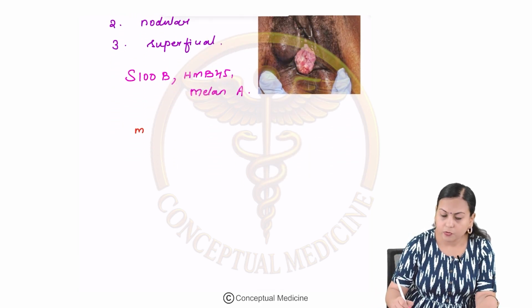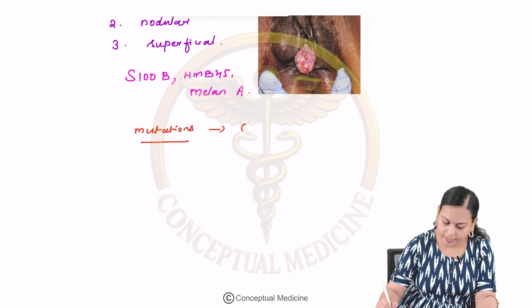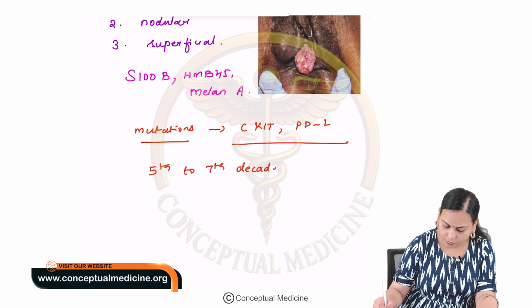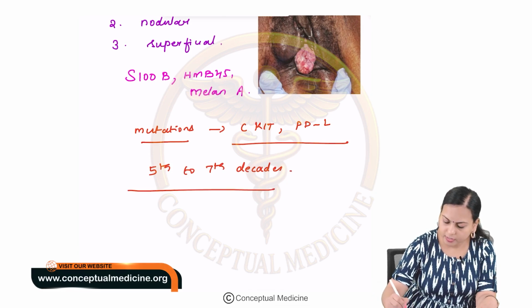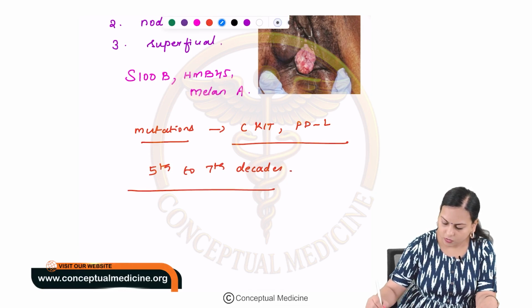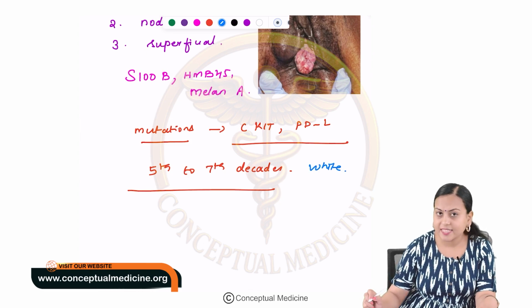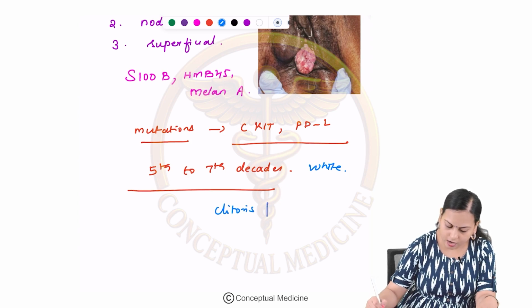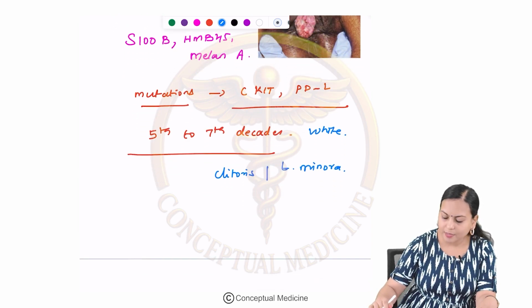And there will be mutations in the cell regulatory proteins as well, like C-Kit or PD-L1. Okay. In the 5th to 7th decades, mostly it is seen in white women, and these lesions are mostly confined to the clitoris or the labia minora.